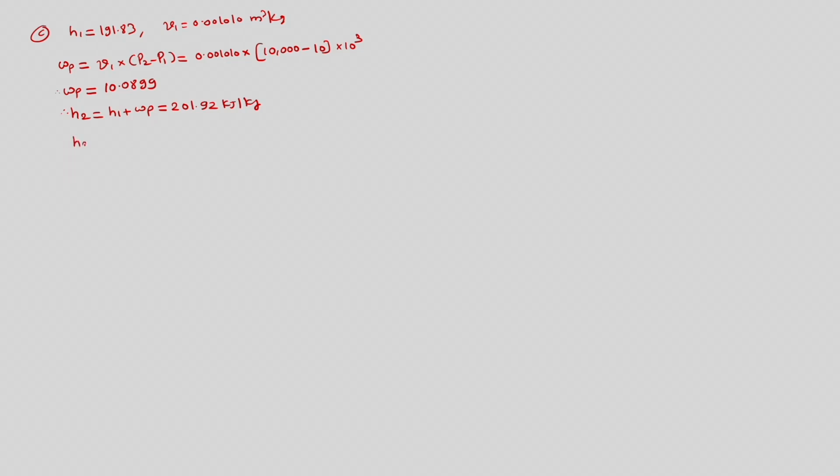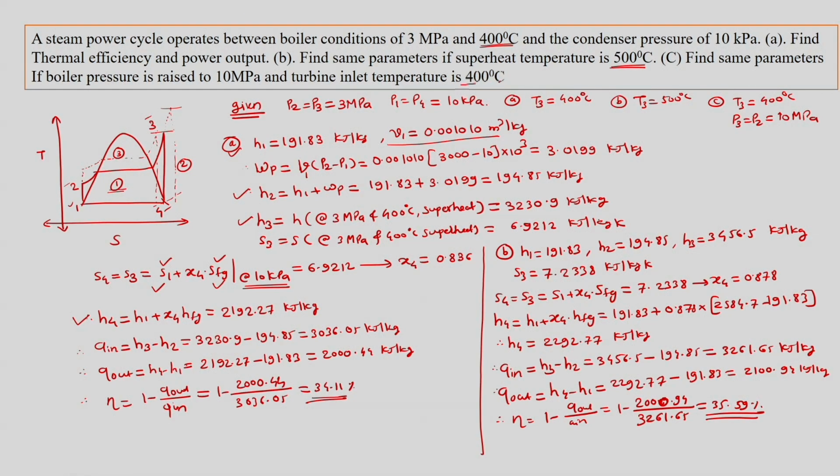So we know now two corners. We have to find out H3 from the steam table, and H3 is enthalpy at 10 megapascal and 400 degrees Celsius superheat, and that enthalpy H3 would be 3096.5 kilojoule per kg.